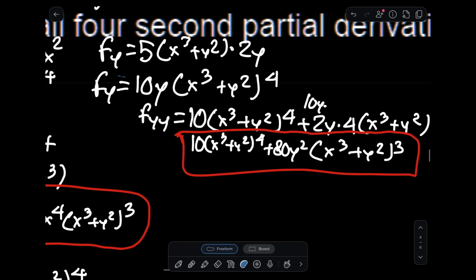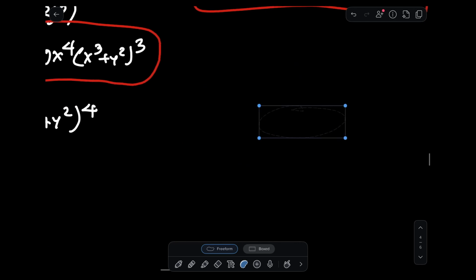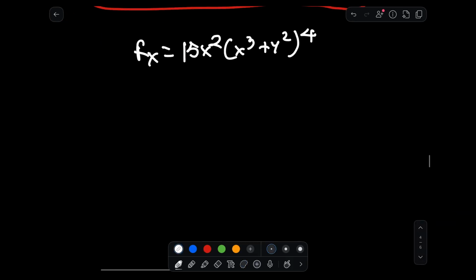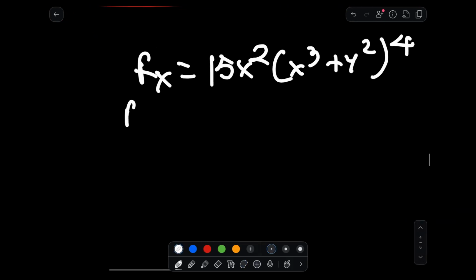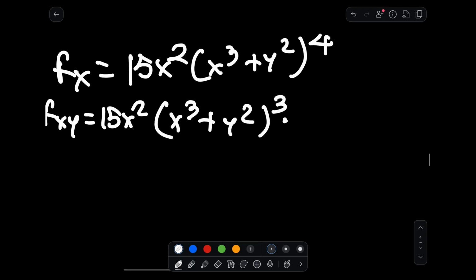Then, because I don't want to rewrite that entire thing on my own time. It's just not worth it for myself. And then we're going to get to f sub xy equals 15x squared, because that's a constant with respect to y, remember, times this whole quantity, raise it to 1 less, multiply by the inside, and then multiply by 3.